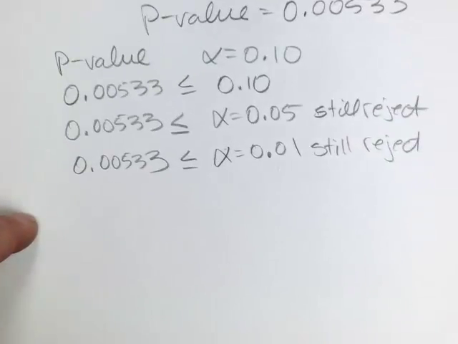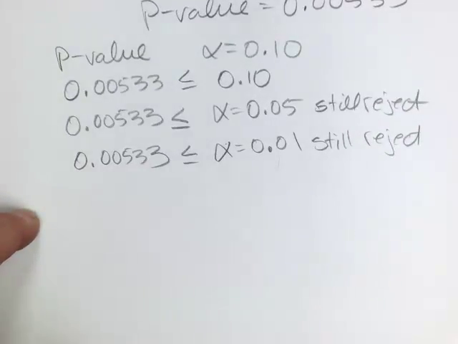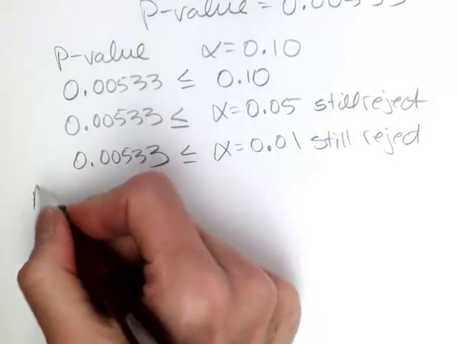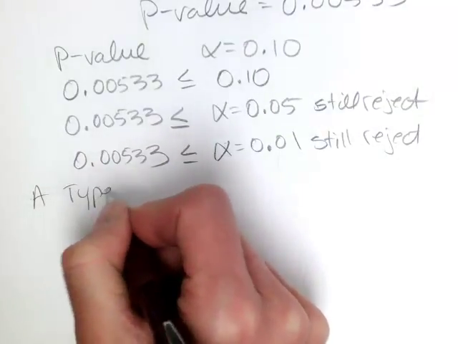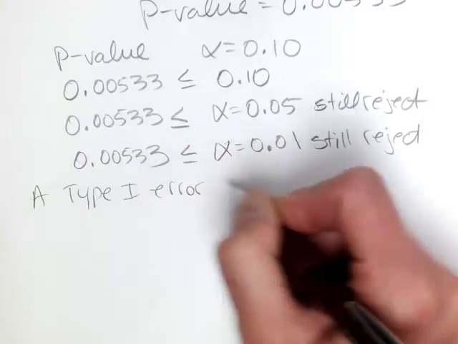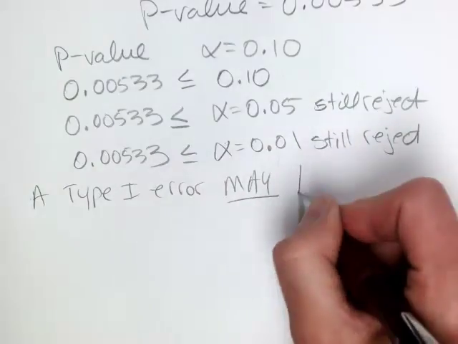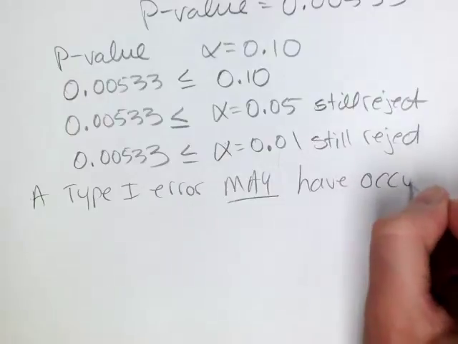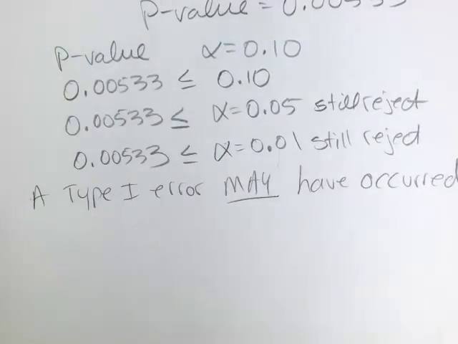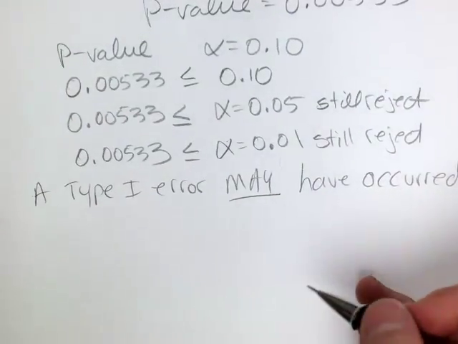Not intentional, but errors happen. Since the null was rejected, a type 1 error may have occurred. It is possible that we rejected the null when the null is actually true.